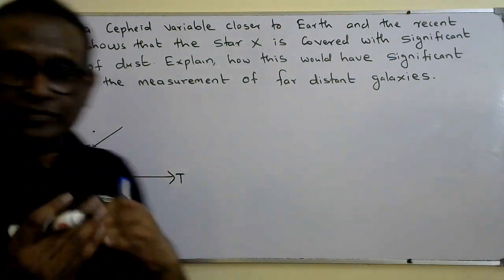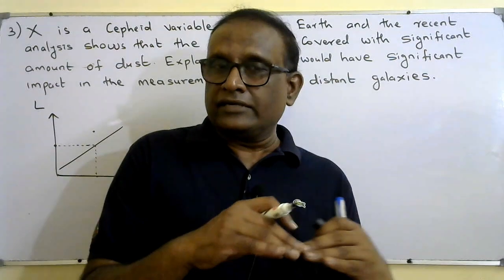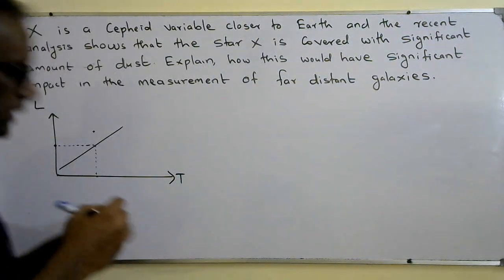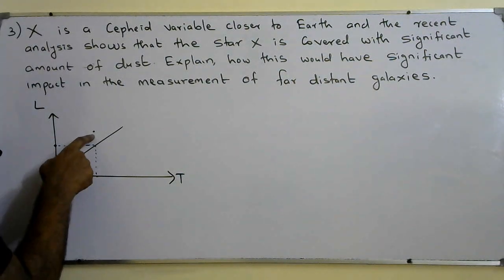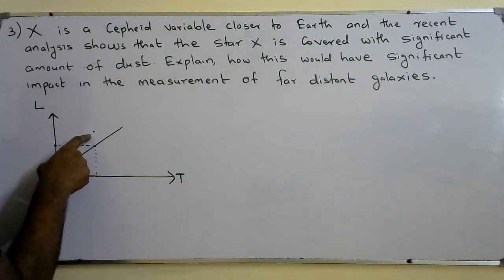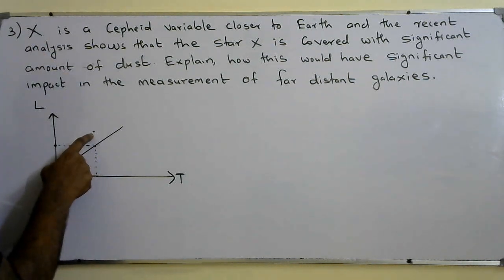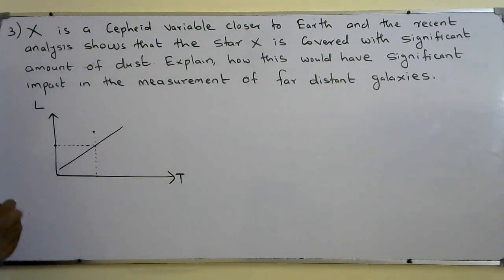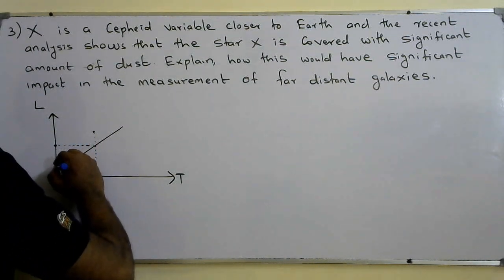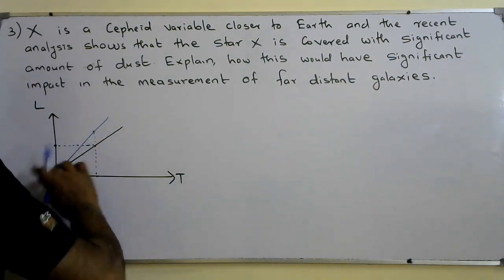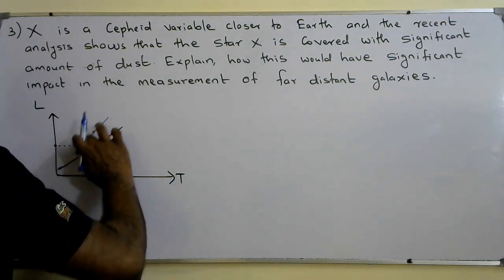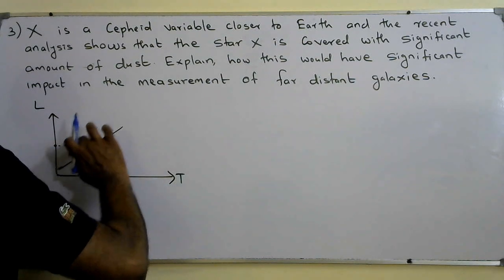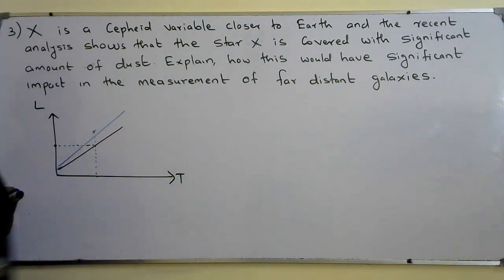Because the intensity we measured is lower, the luminosity we calculated becomes lower. So the actual luminosity of that particular Cepheid variable X should be greater than what we measured. So the actual graph must be somewhere like this. Maybe it will have a greater gradient, something like this.